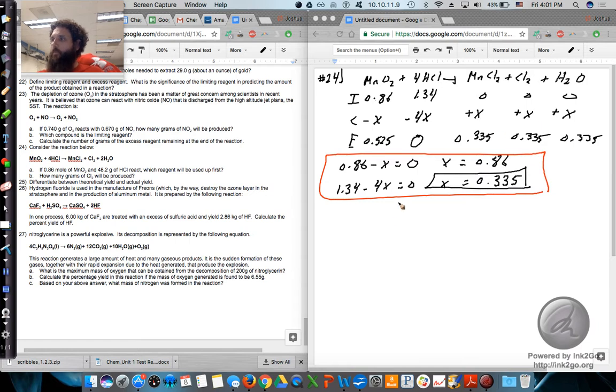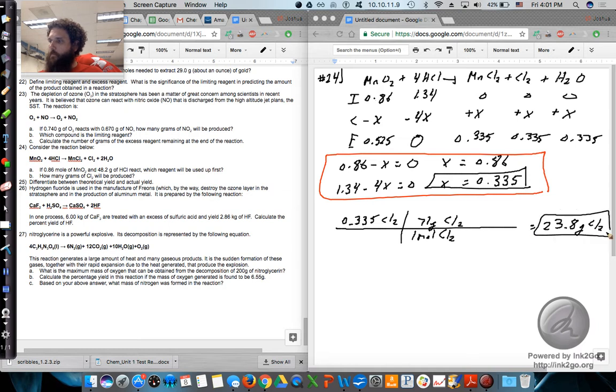All we have to do is take the 0.335 of our chlorine and convert that into a mass. 23.8 grams of chlorine. Okay, so there's that one.